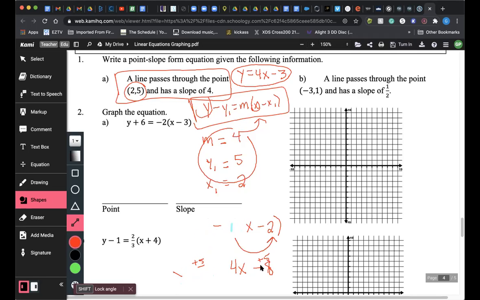Erase these. All right, so since the line passes through the point -3, 1, and has a slope of 1/2, what is my m?